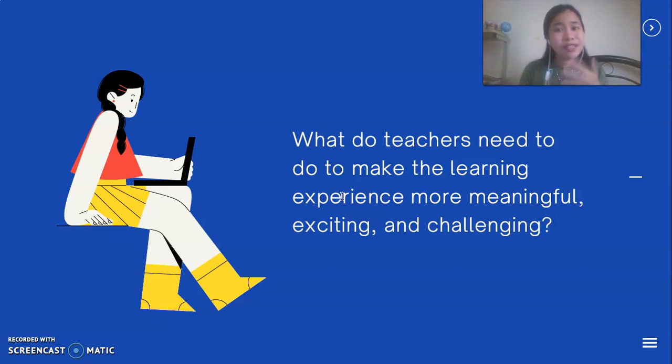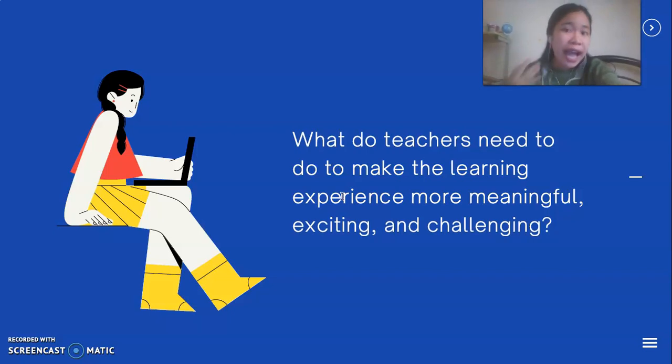So what do you think is better? The teaching methodology or strategy of just pure lecture and discussion, or the teaching strategy that involves different activities, differentiated instruction? So of course, we always have to choose the differentiated instruction, because why?